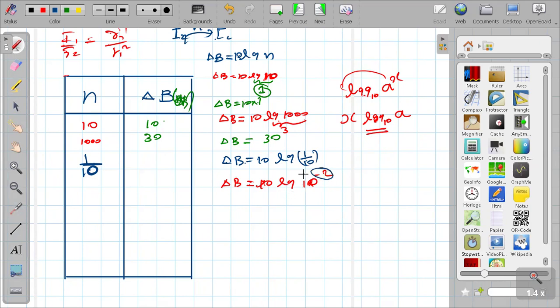So I have to bring this number to here. Delta beta is equal to minus 2 times 10 times LG 10. So I told you what is LG 10. Tell me what is LG 10.